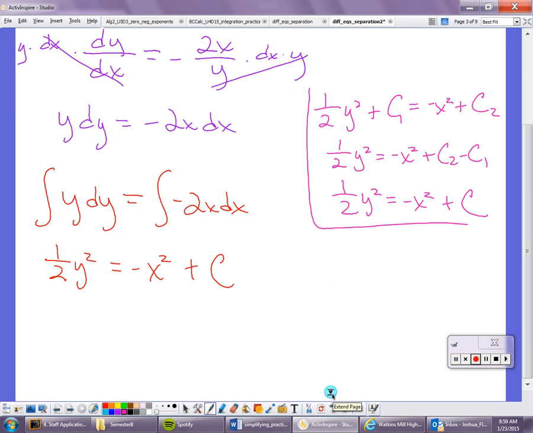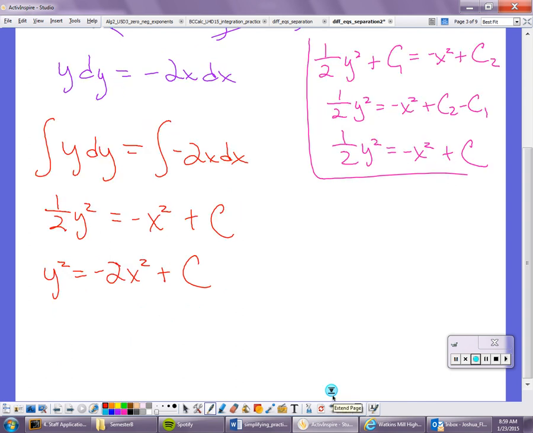Okay, and then to finish up, we've got 1/2 y squared equals negative x squared plus c. This is an implicitly defined function right now because we don't have y by itself explicitly stated, but we can get it there if we want. We could say y squared equals negative 2x squared plus, again we could call this 2c, but it's just some constant, so why don't we just call it c? 2c and c, it's not going to make any difference.